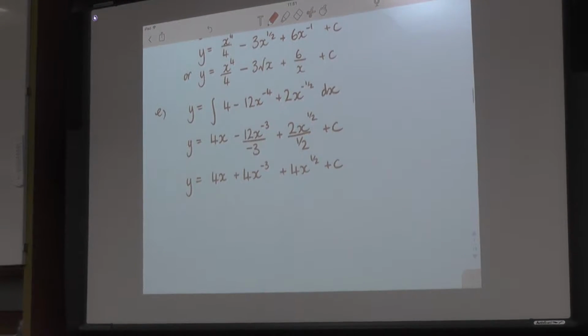And if you want to put it in the form where we have positive powers, or you want to do some substitution, that's what we get.